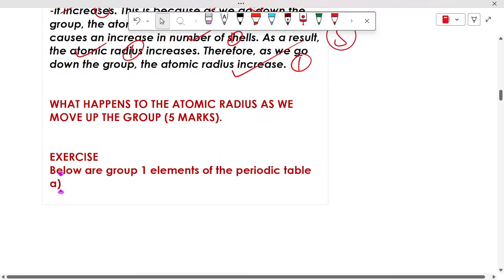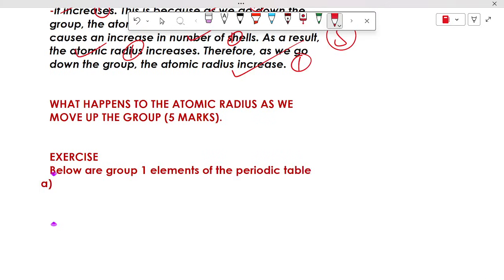Then they will give this: this is 19, this is 40. Then B, they'll give like this one: they'll say this is 3, this is 6.